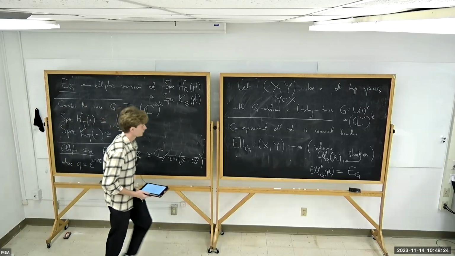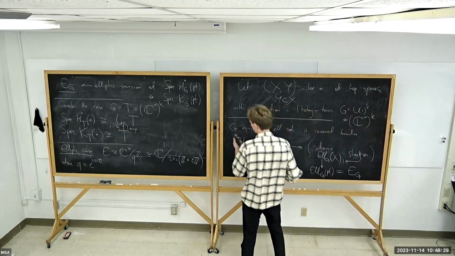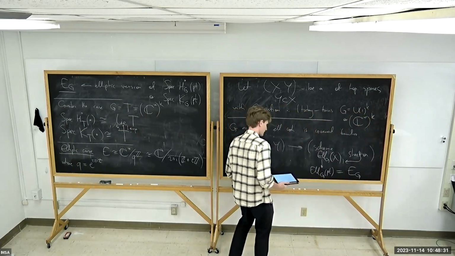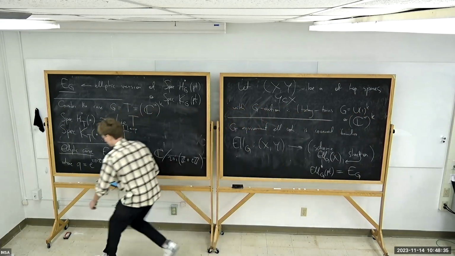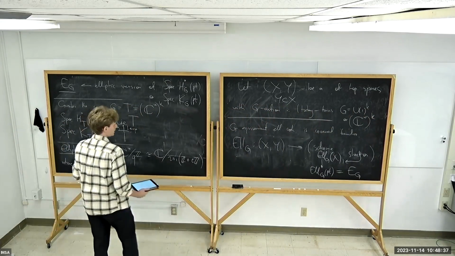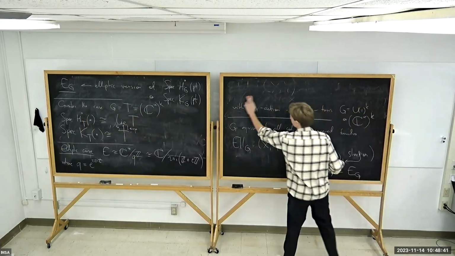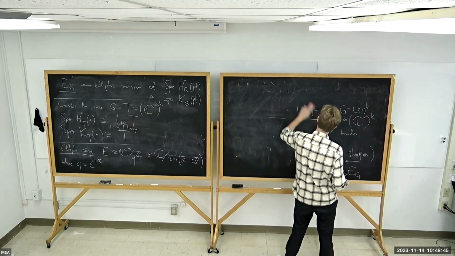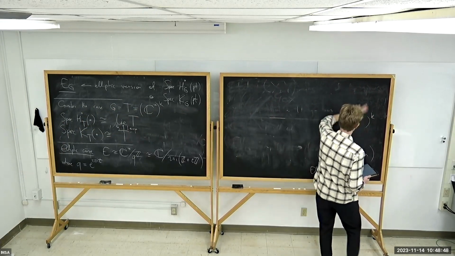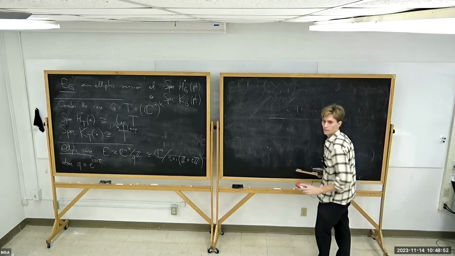This is a very naive approach, because usually elliptic cohomology becomes interesting exactly when you consider some interesting families of elliptic curves. So tau is going to be fixed here.